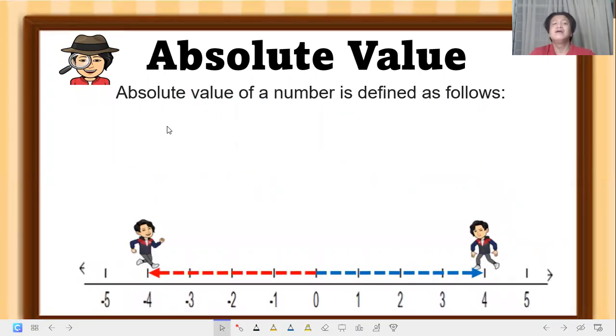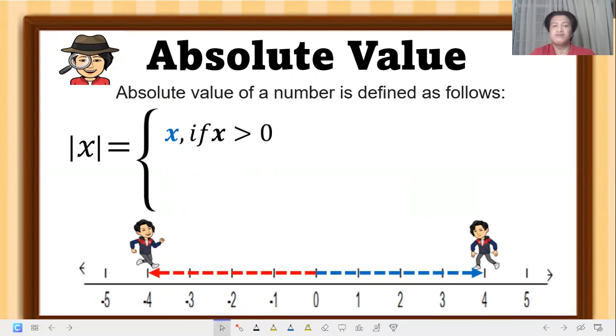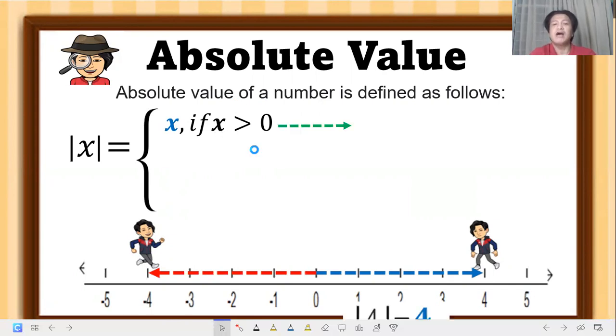So with that, let's generalize the absolute value of a number is defined as follows. There are three conditions. First condition, if x is greater than 0. Ibig sabihin yan, yung value ng x po natin dyan is positive. Pag kinuha natin yung absolute value ng any positive number, positive pa rin po siya.